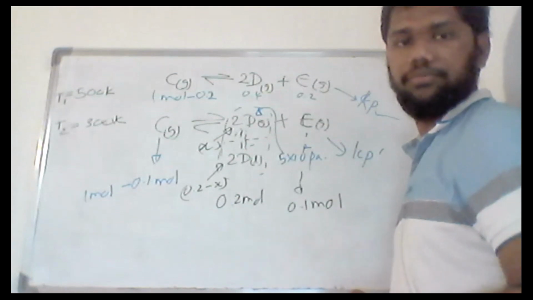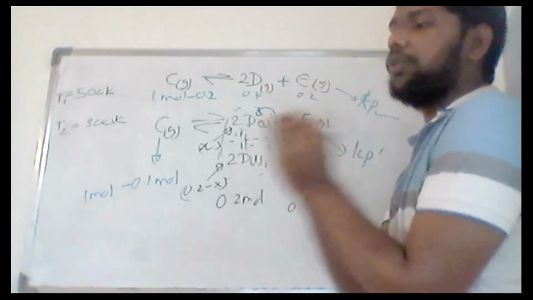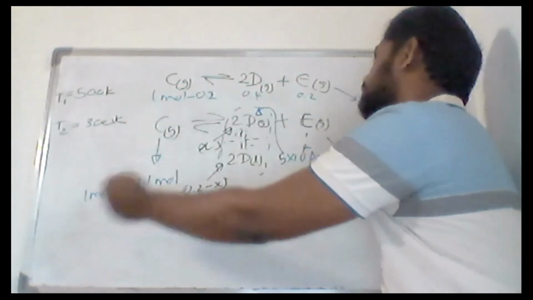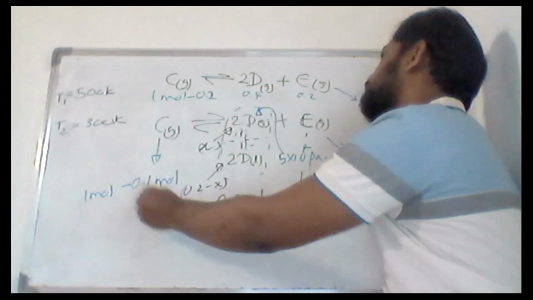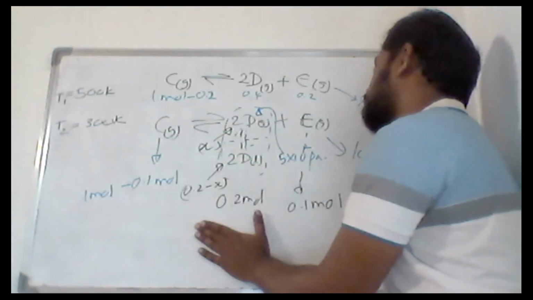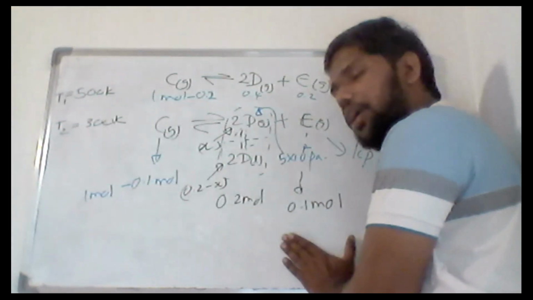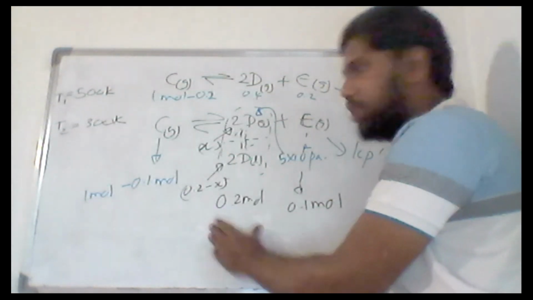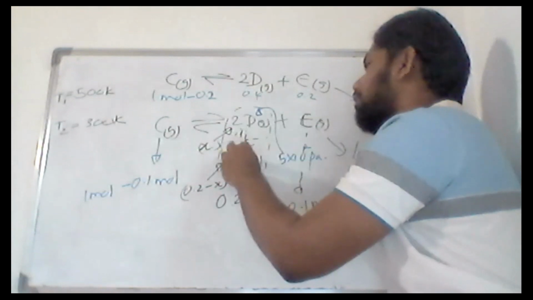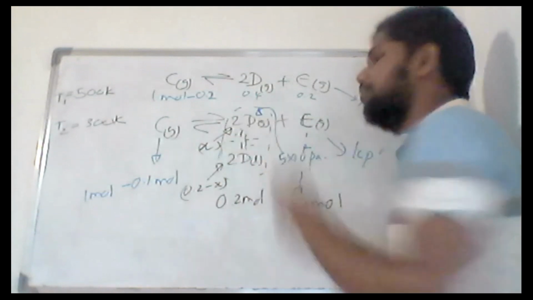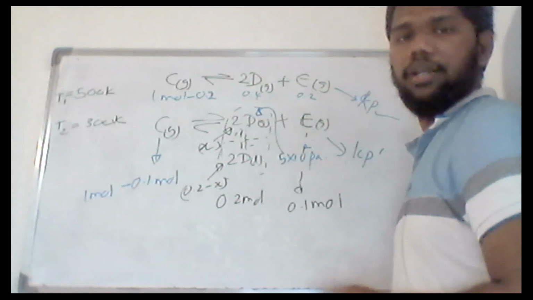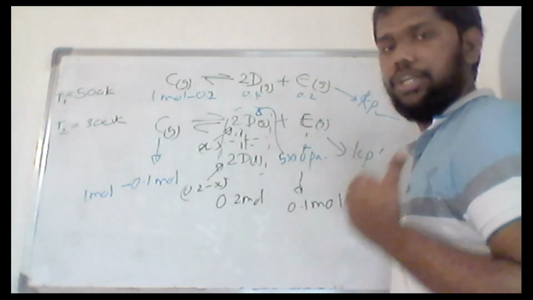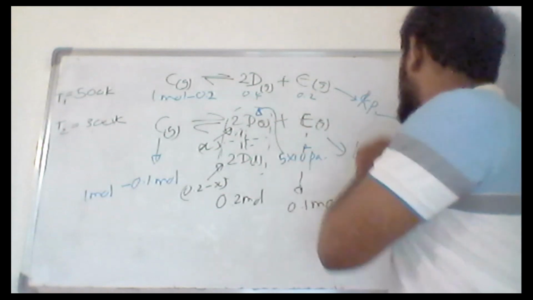That's the problem. If this system were entirely in the gas phase, and 0.1 is dissociated, there should be 0.2 of D and 0.1 of E. But here, from the 0.2, some amount is liquefied and is now in equilibrium. But we need to find Kp dash.